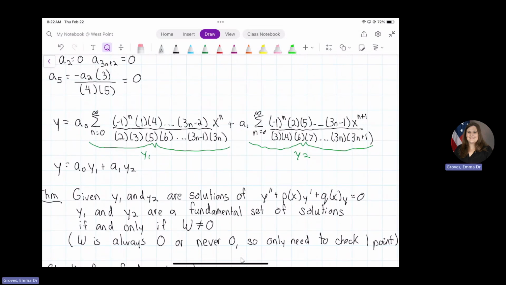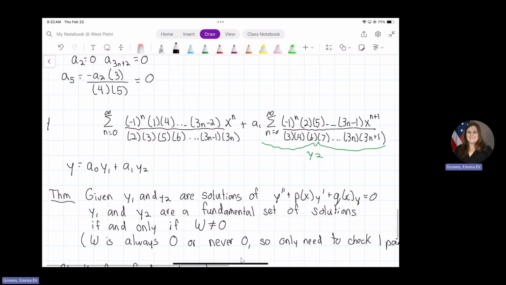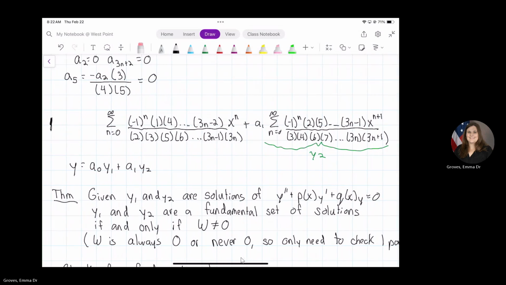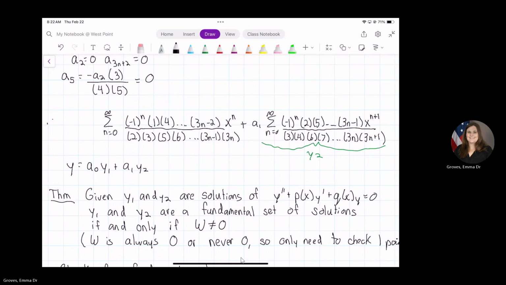So how we can think of this is, we have y equals a0 times 1 plus all of this, and we can start it at 1.